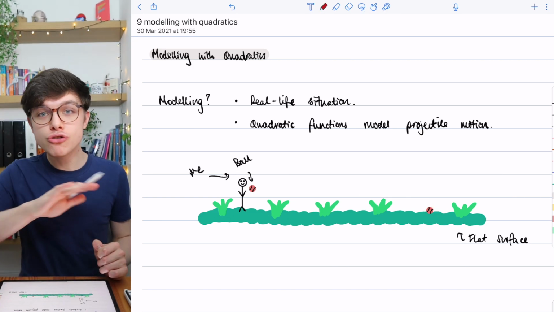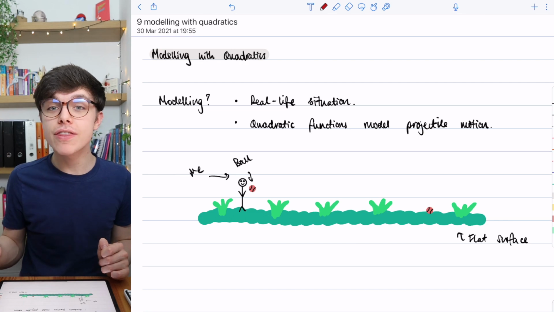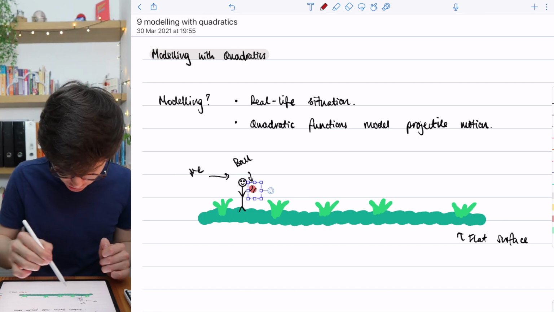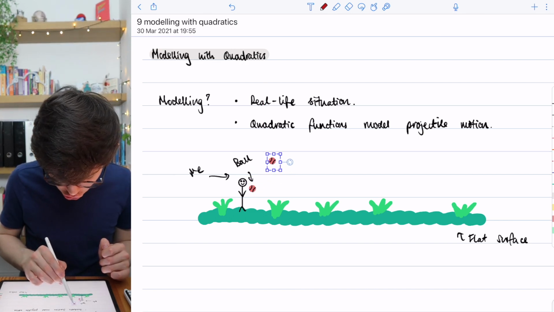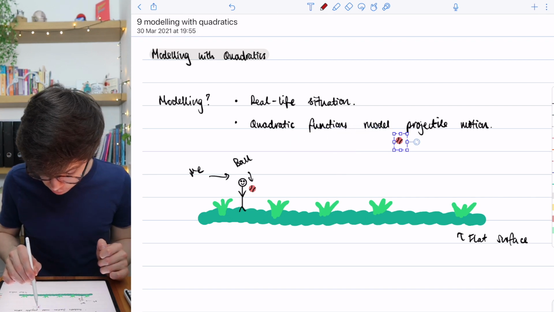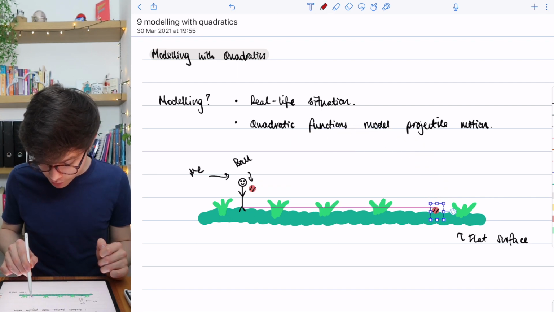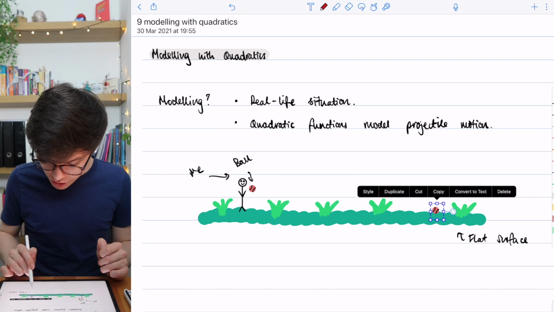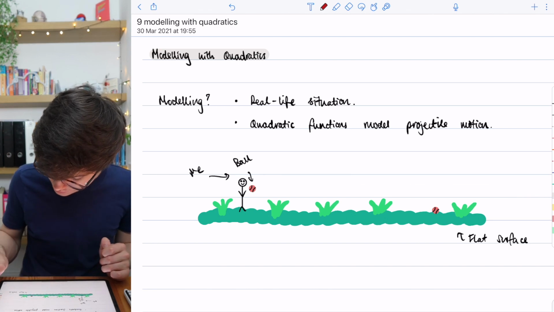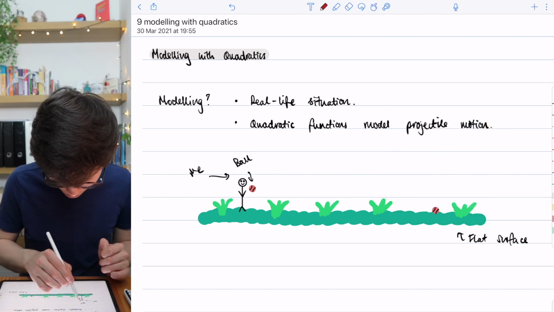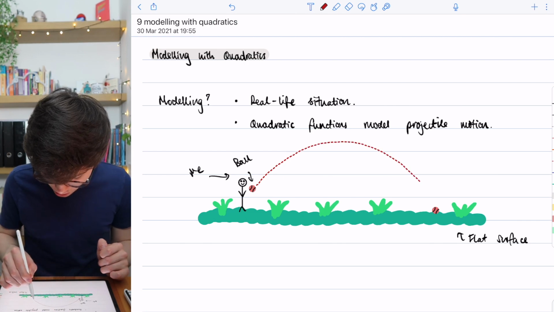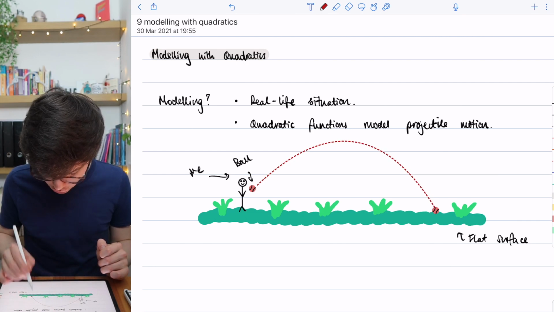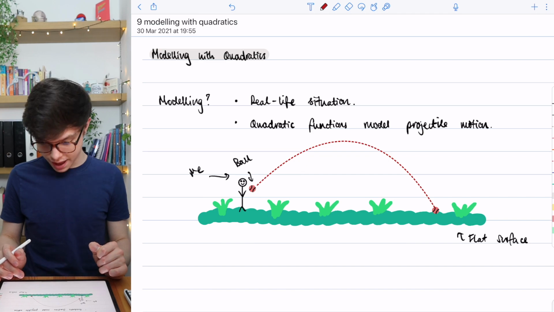Now, if I track out the path that the ball makes when I throw it like that, what I'm going to get is a quadratic that looks like that, okay?